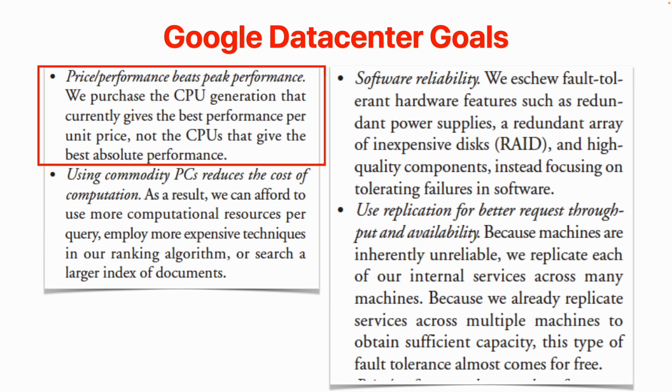Sun was once the largest server company, and the processor they used was from a company called Digital Equipment Corporation. You never heard about those companies, right? Because they were all acquired by other companies later.